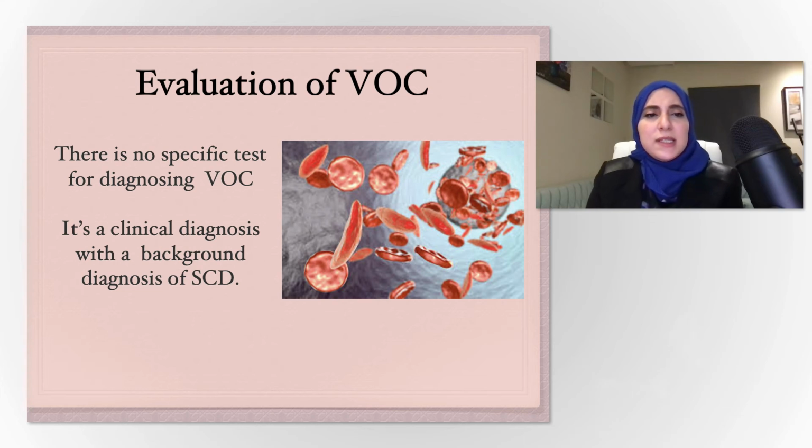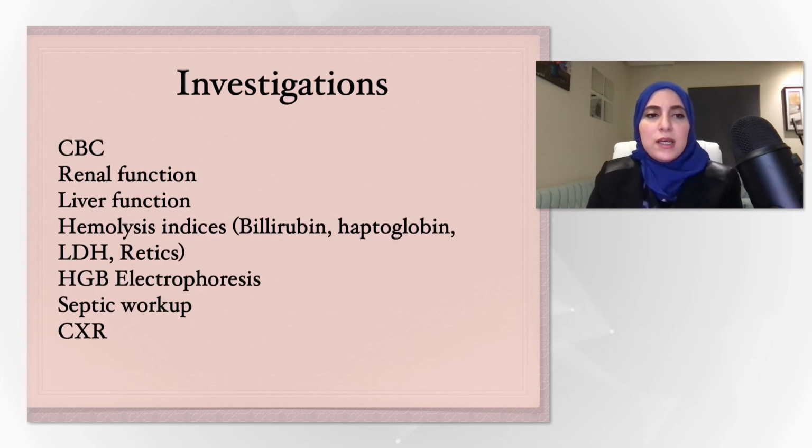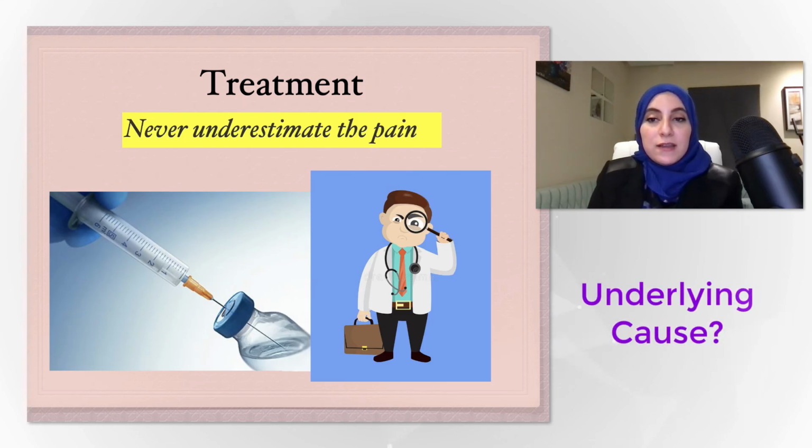So you'll have to do a CBC, renal function, liver function, to see if anything is affected, hemolysis indices to see the severity of the hemolysis, hemoglobin electrophoresis to see the current hemoglobin S and hemoglobin A concentration, septic workup depending on the symptoms, and either chest X-ray or imaging of the affected organ.